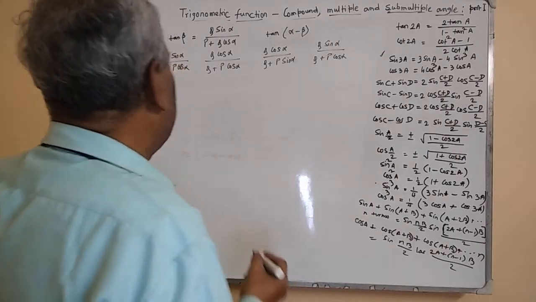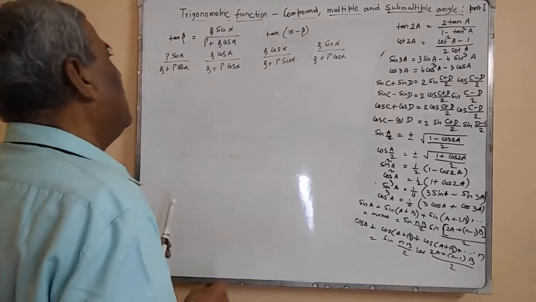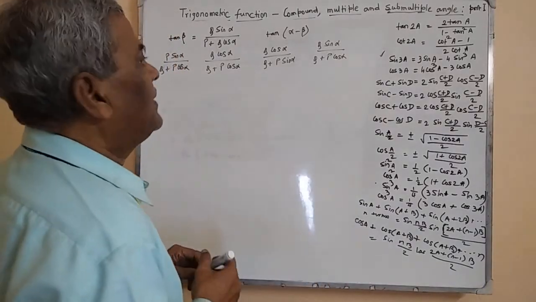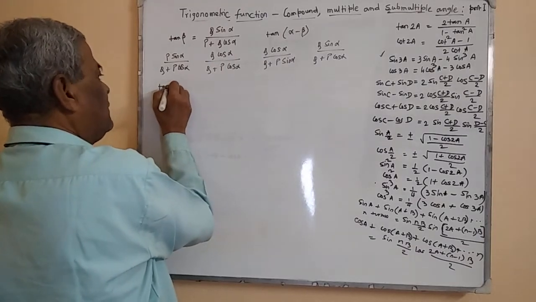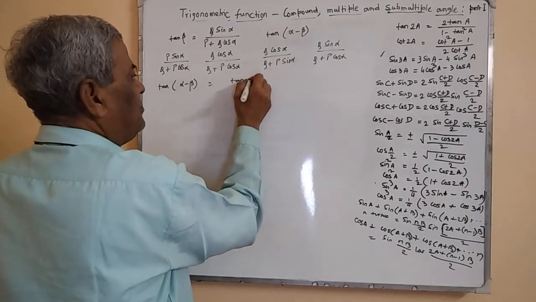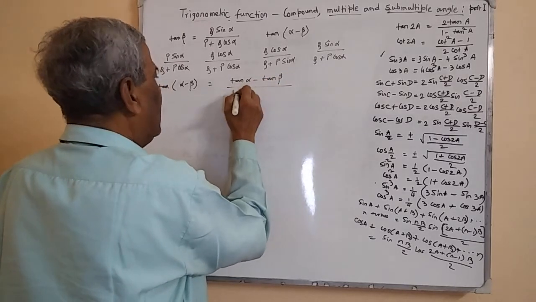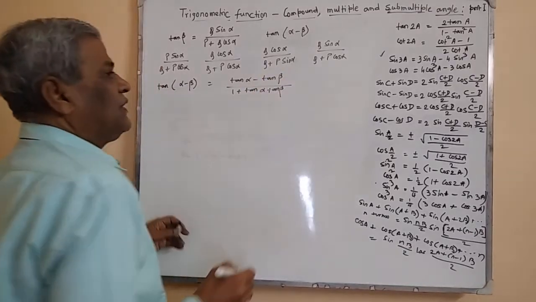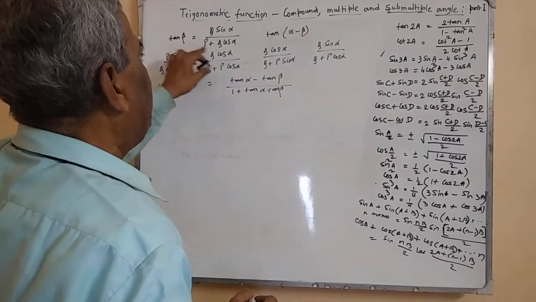So you see in the options there is no beta, only alpha, sin alpha, cos alpha, p, q, etc. Now we have to find the value of tan of alpha minus beta, that is tan alpha minus tan beta by 1 plus tan alpha tan beta. First of all, try to eliminate tan beta. The value of tan beta is this.